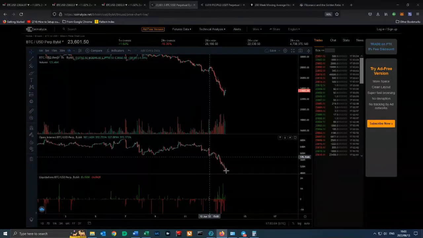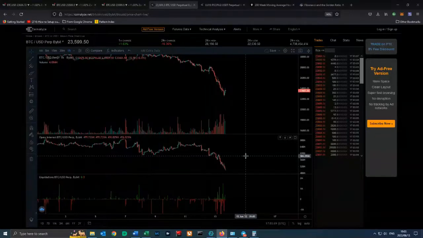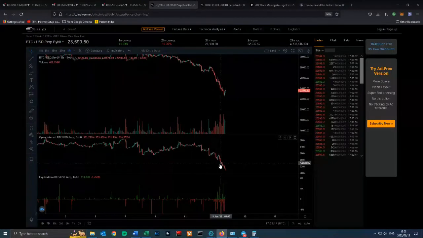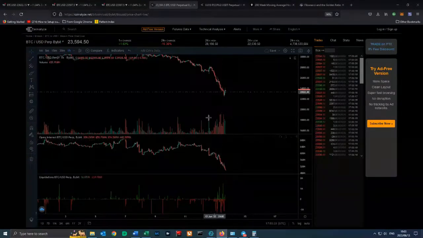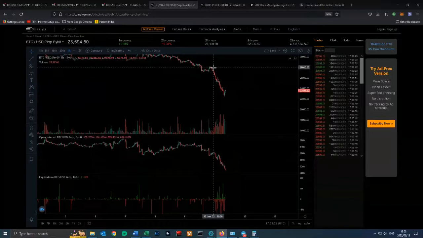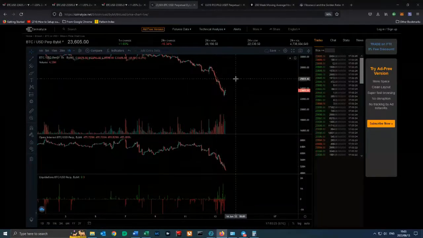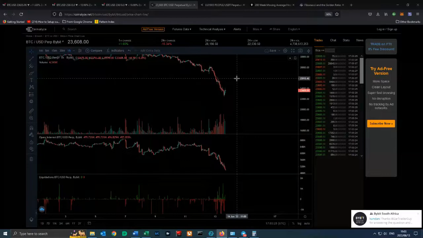So open interest is the amount of contracts that get opened or closed in the market in terms of leverage trades. If these were shorts opening, this open interest actually should have been rising. So this tells me that this price action going down here were actually longs closing and not necessarily a big amount of shorts that were opening.